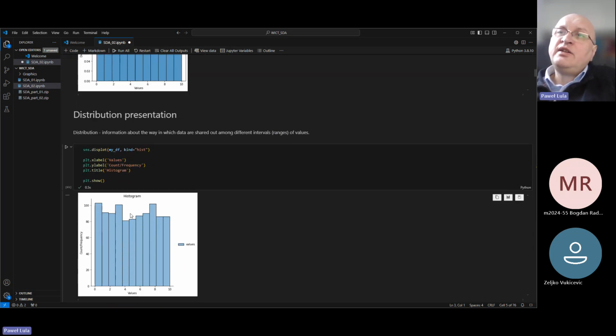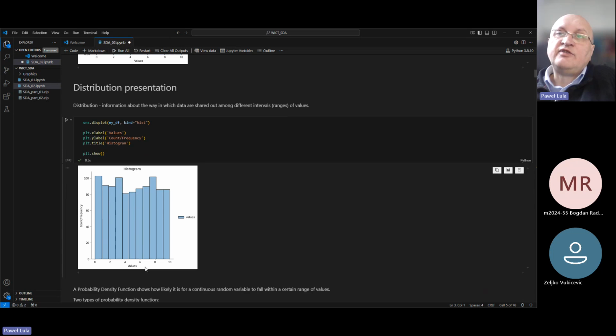So we see that you can use histograms for presenting distribution, how data are divided into every range which we have in our data set. And we see here how they are divided.